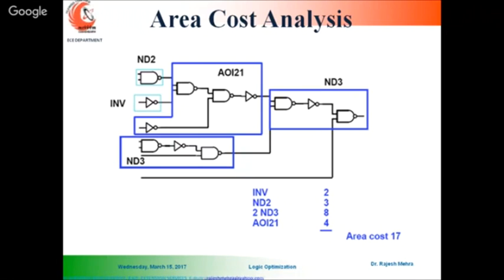So you can see that from 31 you have reduced it to 17, almost half of that. So even after your technology independent optimization, you have the option, you can reduce it further to almost half, right? So these are very important parts where you can work.